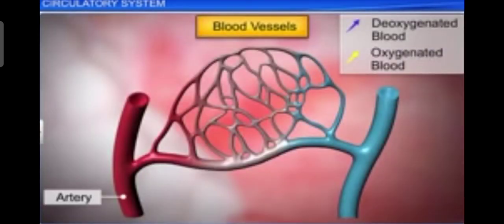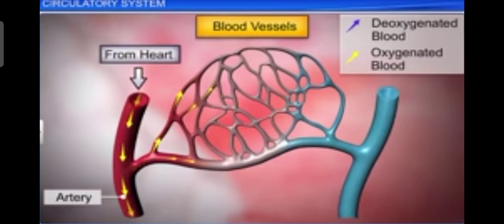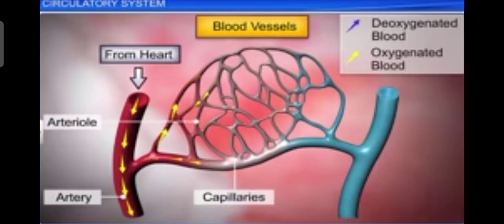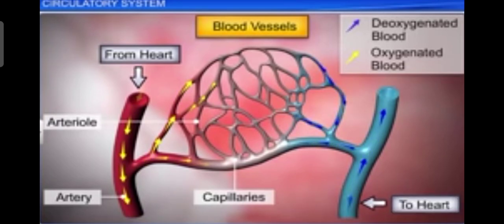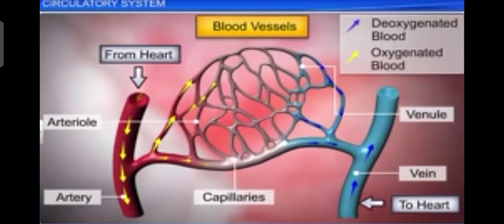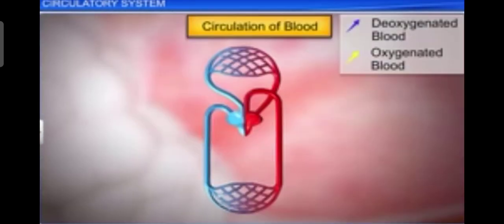We have two types of blood vessels, that is arteries and veins. Arteries are the blood vessels that carry oxygenated blood away from the heart, where it branches into smaller and smaller vessels. Finally, the smallest arteries are called arterioles.